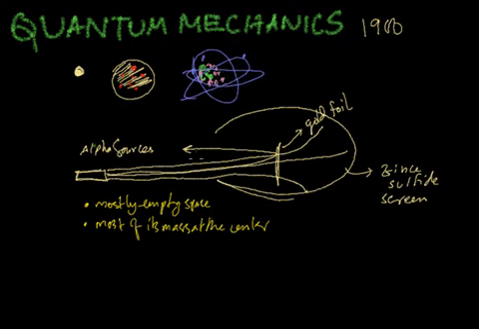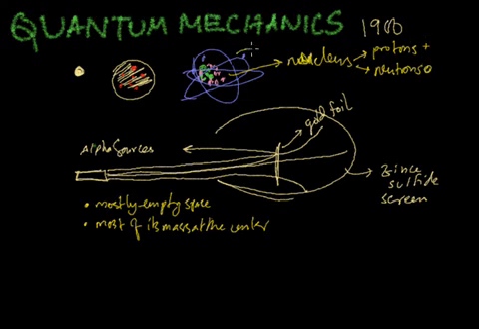Now talking about the atom, in the middle at the center is the nucleus. So this is the nucleus of the atom, made up of protons, which are positively charged, and neutrons, which have zero charge, and surrounding them we have electrons that are negatively charged.